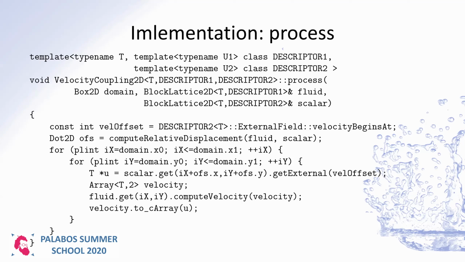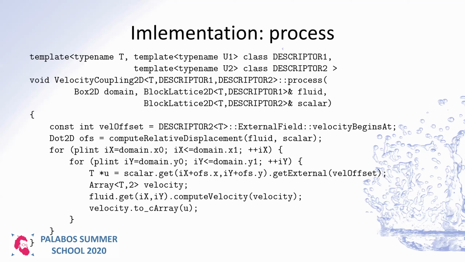The first line of this data processor is going to access the descriptor of the advection diffusion field to determine at which position inside the cell the data of the velocity is being stored, so we can write it into this.